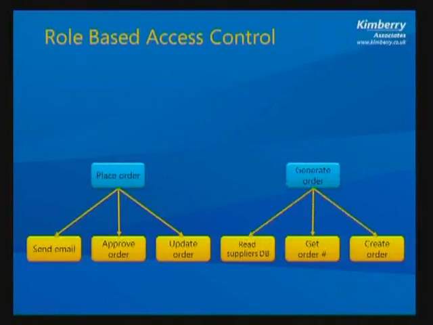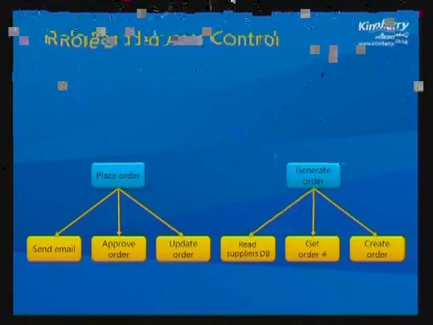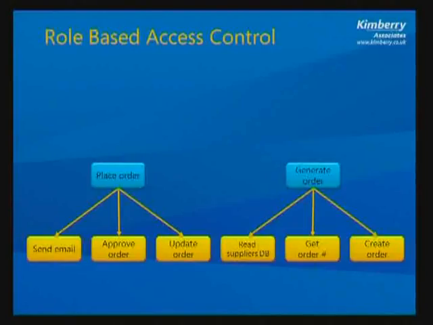Maybe if you're creating the order in the first place, then you need to get the order number, you create the order, and you read the supplier's database so you can pull the supplier's information out. So we've just created a task. So our developer defines the sensitive operations and thinks out the tasks.